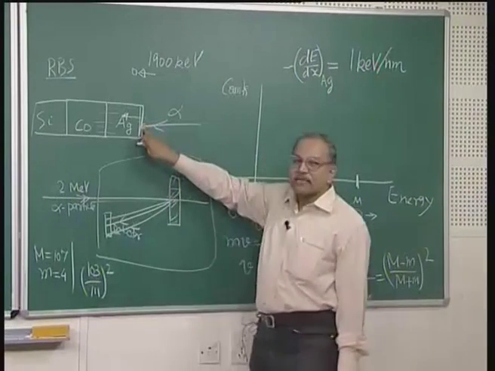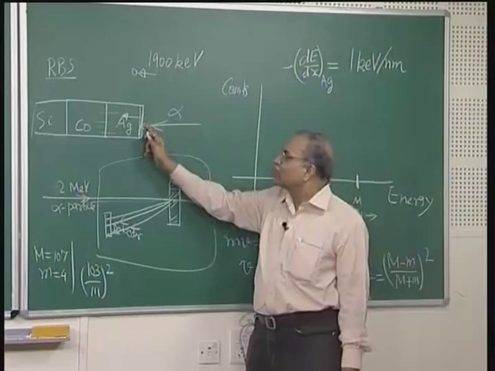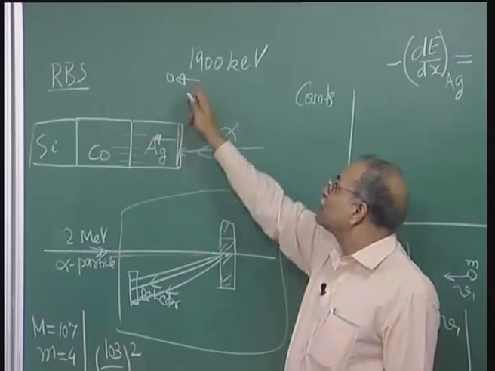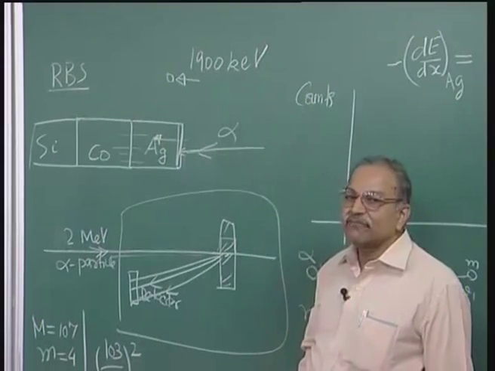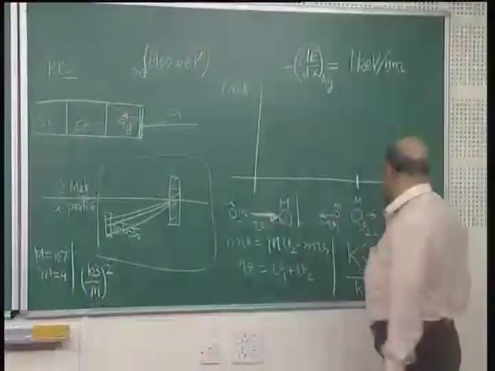If the encounter is at the surface, it was 2000 keV, but if the encounter is 100 nanometers deeper, it is only 1900 keV, and that will be multiplied by this factor.